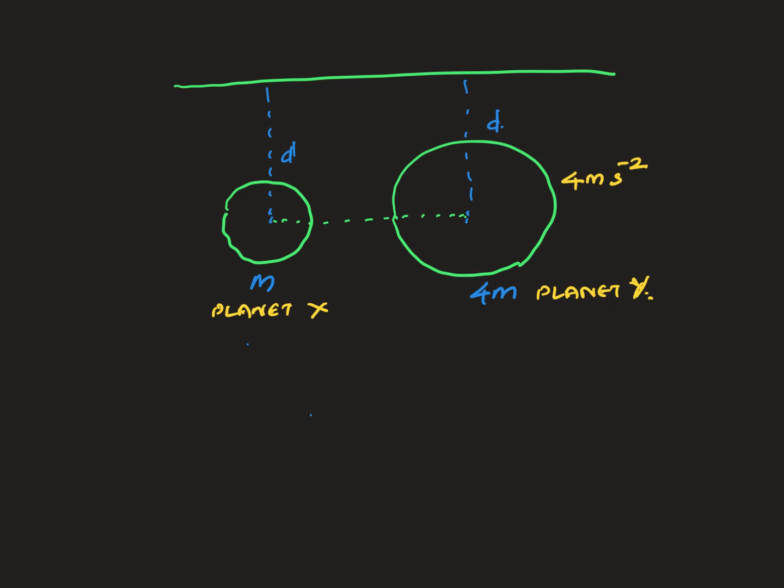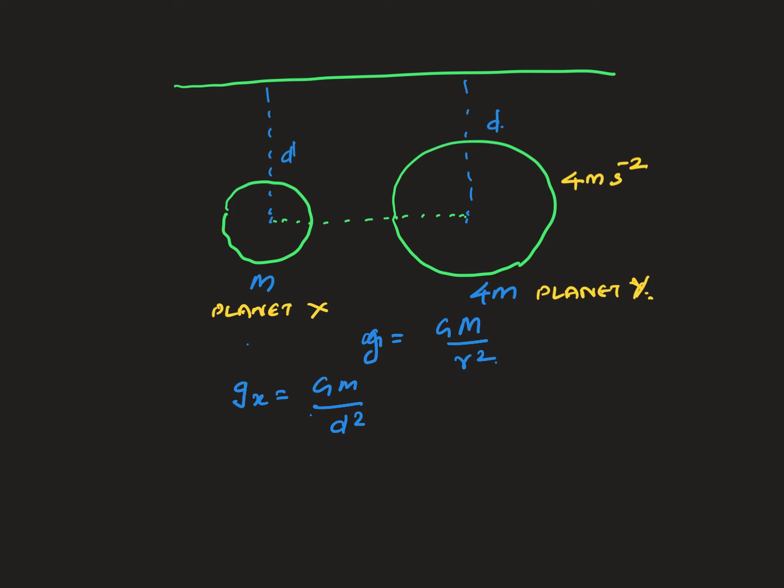So let's use the formula that we discussed before, which is that the gravitational acceleration or gravitational field strength, for which we use small g, is equal to Gm over R squared. So for planet X, Gx is equal to Gm over d squared.